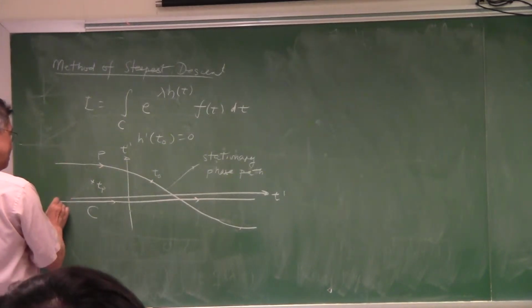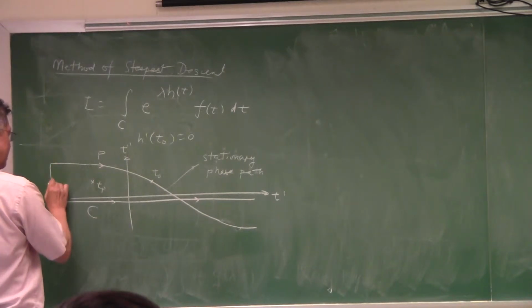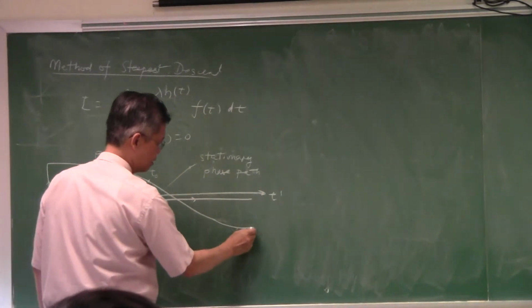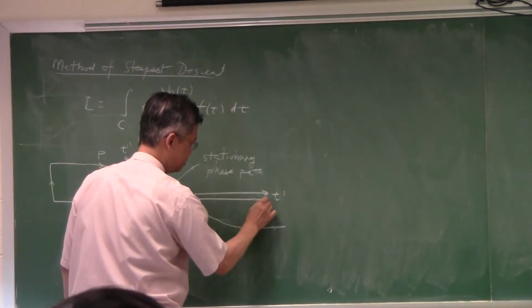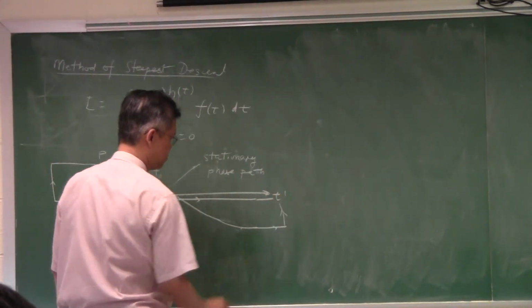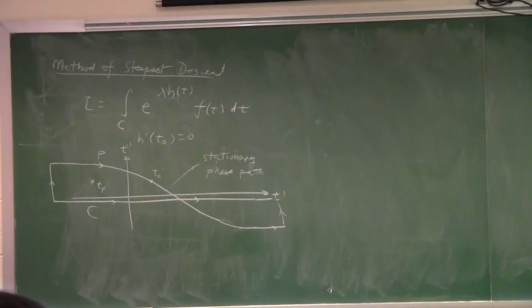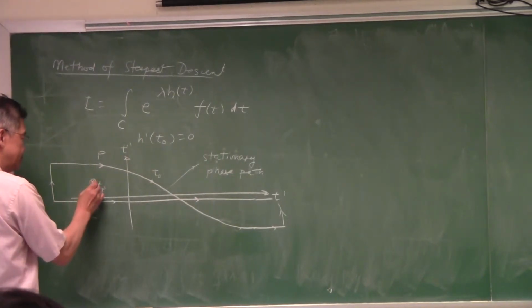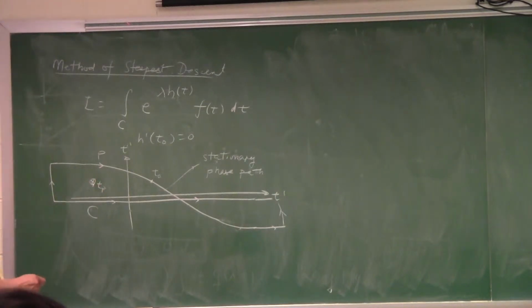They assume that instead of integrating along C, I can integrate along P in such a manner that I actually expedite my integration, and then I can say that the difference between these two integrals will be the pole residue contribution by Cauchy's theorem.